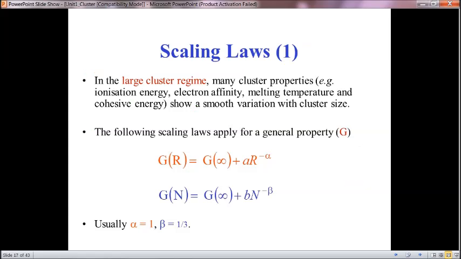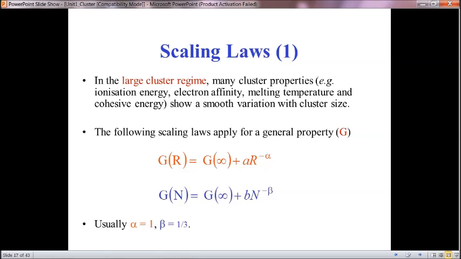And the scaling laws with clusters. In the large cluster regime, many cluster properties, for example ionization energy, electron affinity, melting temperature and cohesive energy, show a smooth variation with the cluster size. The following scaling laws apply for a general property. So G of R, that is the general property based on the radius, is equal to the general property at infinity plus A into R to the power minus alpha.